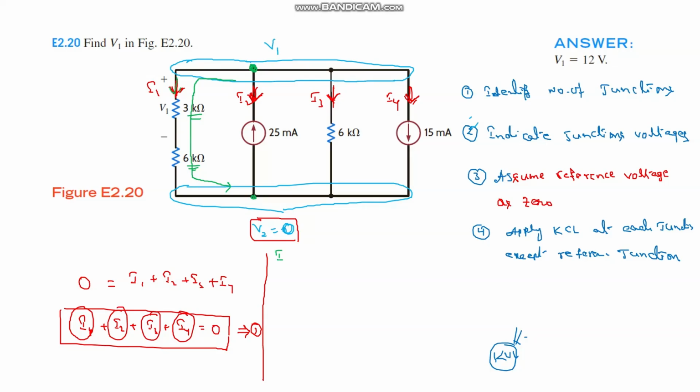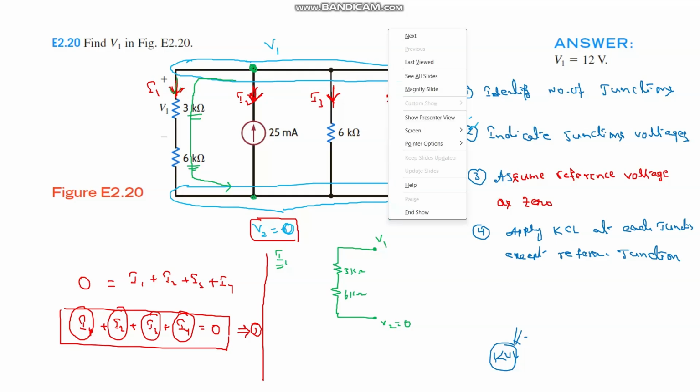Just redraw that path where I1 starts and ends. Here the current starts at V1, passes through the 3 kilo ohm resistance and 6 kilo ohm resistance, and ends at V2. Here the value of V2 is 0. This is the 3 kilo ohm resistance and this is the 6 kilo ohm resistance.